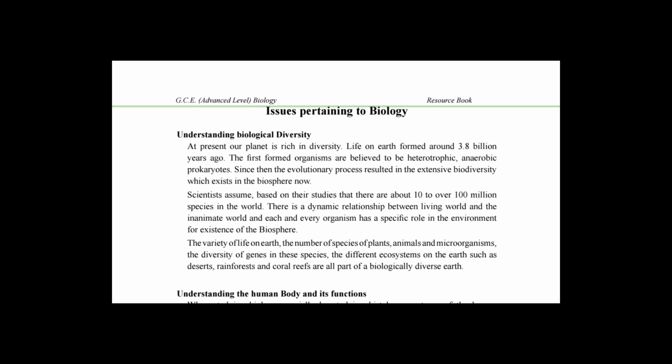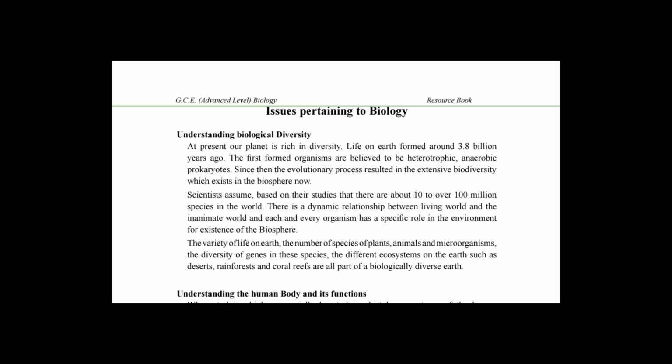Okay, so here there are about 7 problems which we are facing. We can also say this like the importance of biology. Okay, so 7 importance why we should study biology. We should study biology to solve these problems. Okay, so these issues are arising, so we should solve our issues using biology.